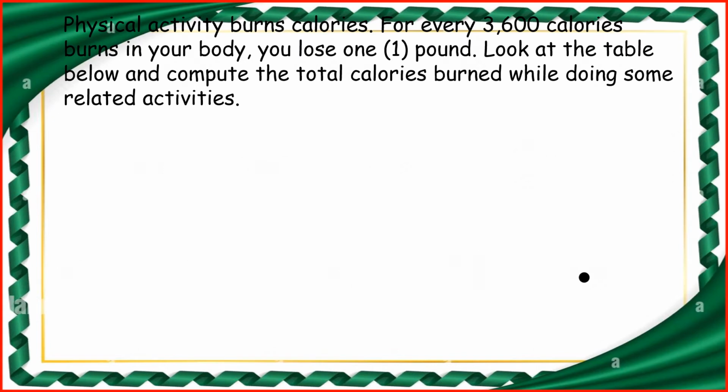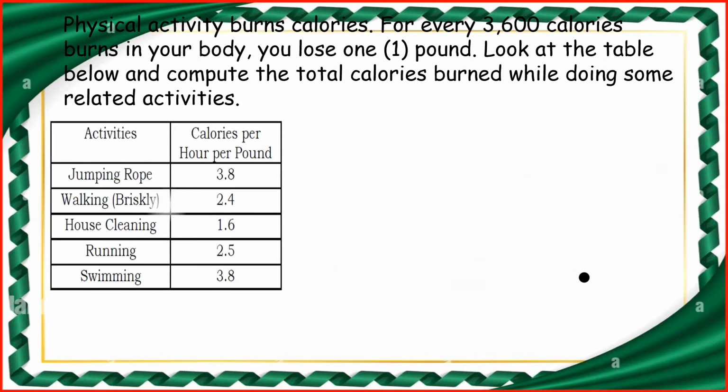Physical activity burns calories. For every 3,600 calories burnt in your body, you lose 1 pound. Look at the table below and compute the total calories burned while doing some related activities.